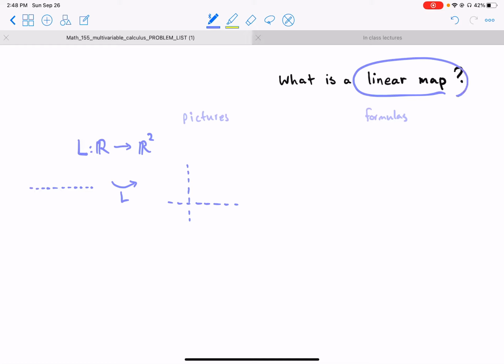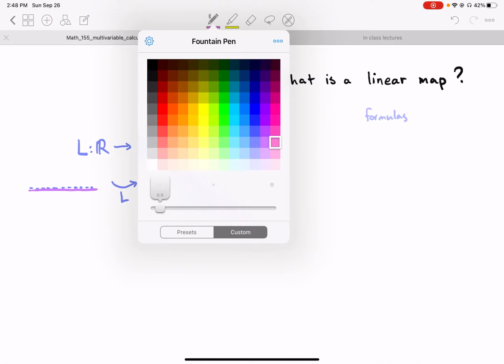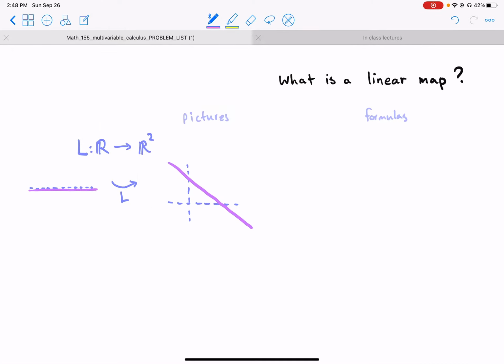For linear maps, the only thing that L can do is send a line to some other line. That's what it looks like in pictures. It can't send it to some curve, because for linear maps the image is always flat.